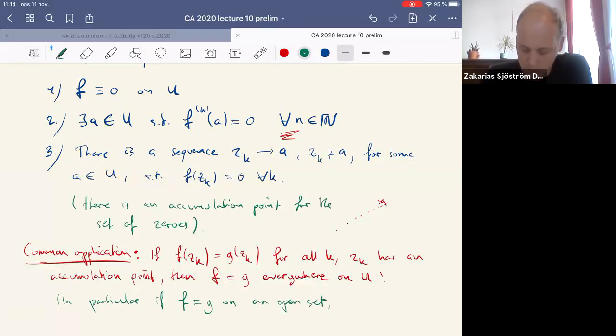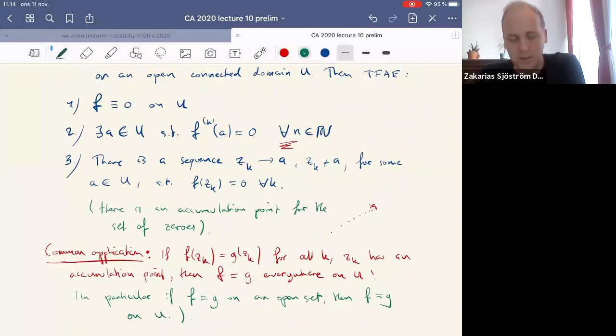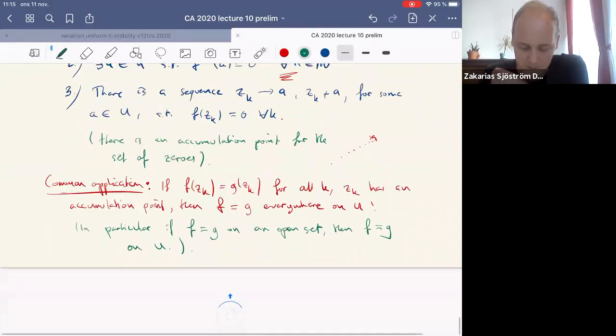So if they are equal on an open set, then they are equal on all of U, so to speak. So it means that holomorphic functions are quite rigid, right? You cannot have two holomorphic functions that coincide on a sort of large set, in the sense of this theorem, without being actually the same function.